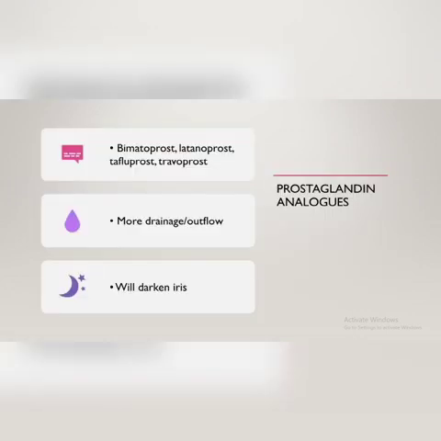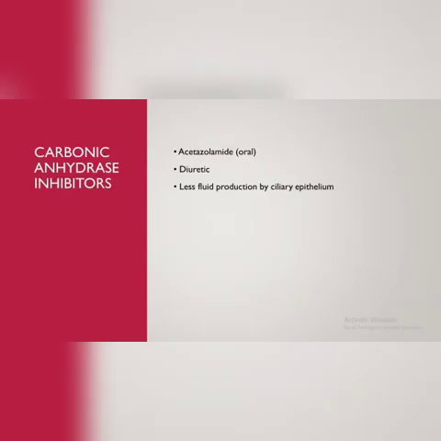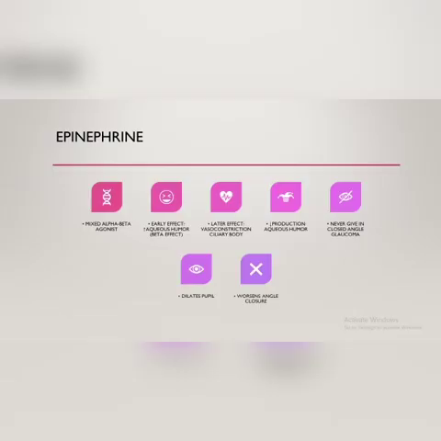Prostaglandin analogs, the prost family like latanoprost, cause more drainage, but they have the side effect that they will darken the iris. Carbonic anhydrase inhibitors are diuretics that decrease production by the ciliary epithelium.